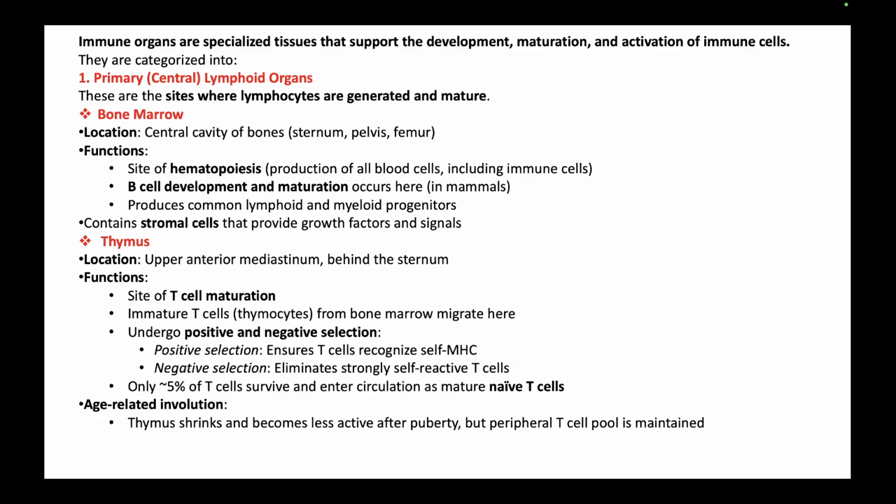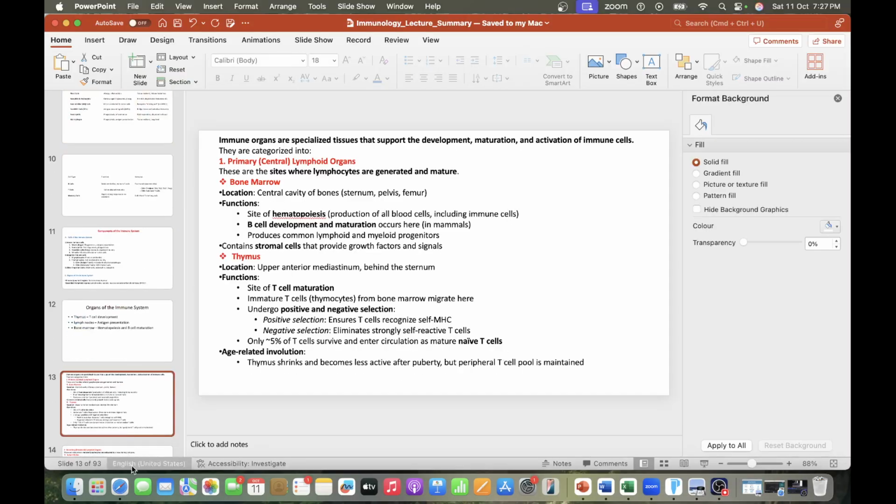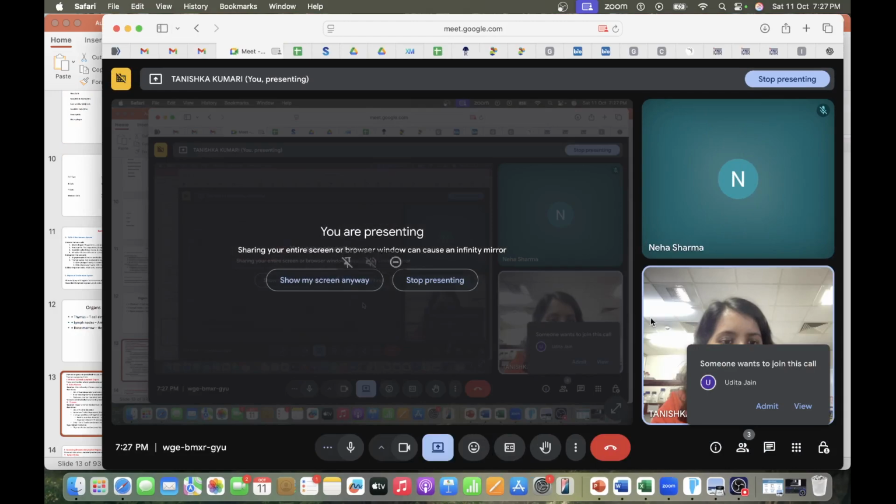If it recognizes antigen from the self MHC, that is the positive selection, and the cells are selected. Then comes the negative selection, which eliminates strongly self-reactive T cells. The self MHC presents the antigen to the T lymphocytes.